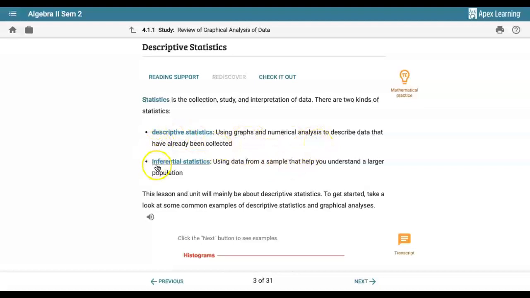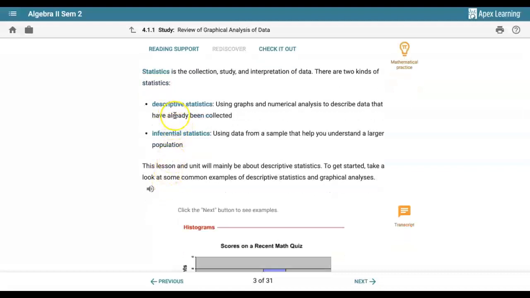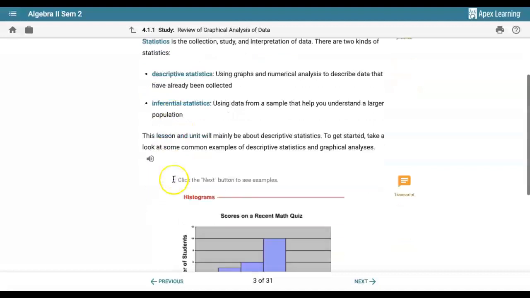All right, so inferential is talking about things outside of the sample set that we have collected. We're talking about making an inference or making an educated prediction. Versus, again, descriptive is talking about based on the data set that we actually have.